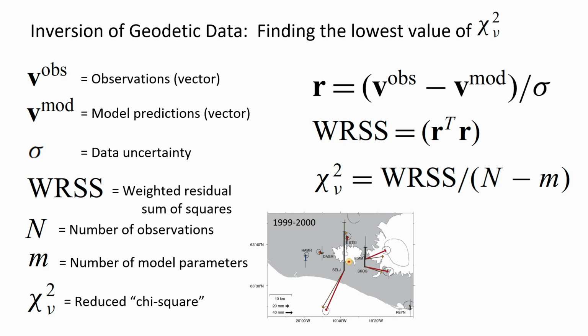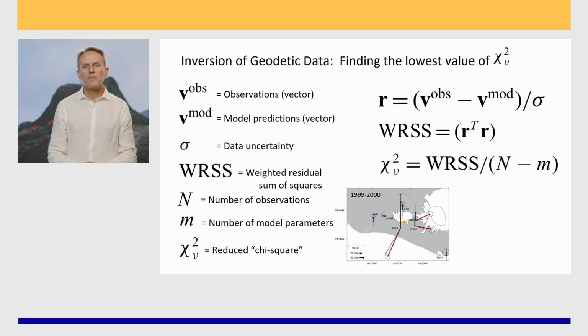We use a model to predict what the deformation should be at all the locations where we have observations according to the model. This is our model prediction vector. We subtract these two vectors to derive a third vector that contains all the residuals, the difference between observations and model, at all our locations. This vector holds information on how well the observations fit the model predictions.